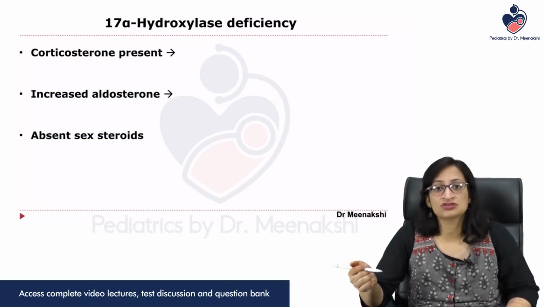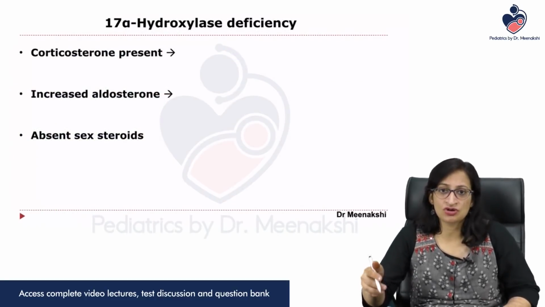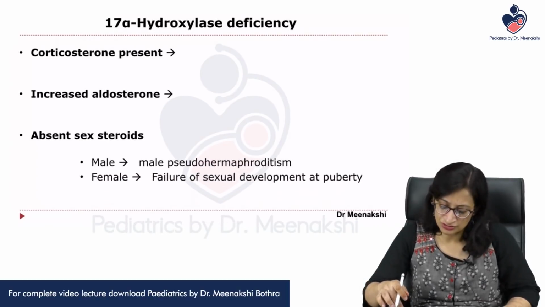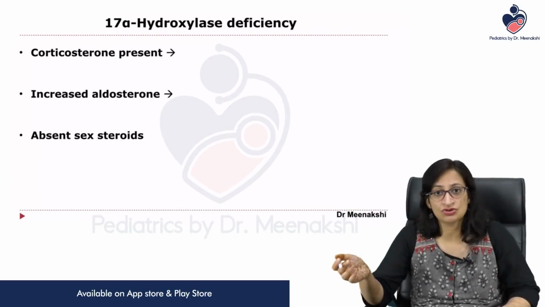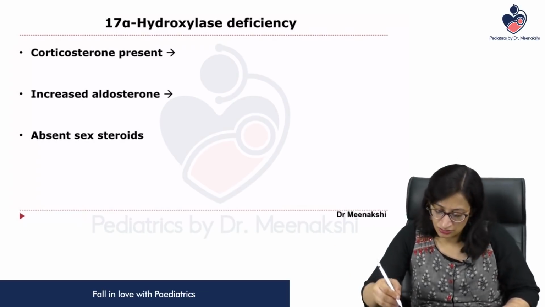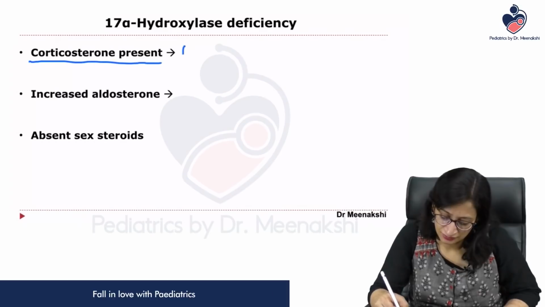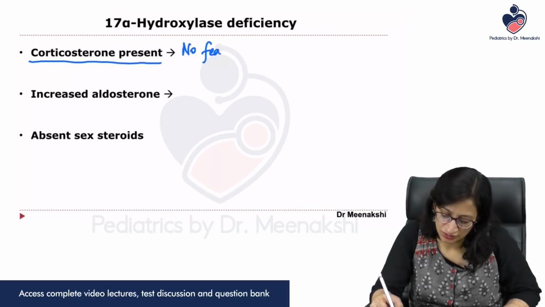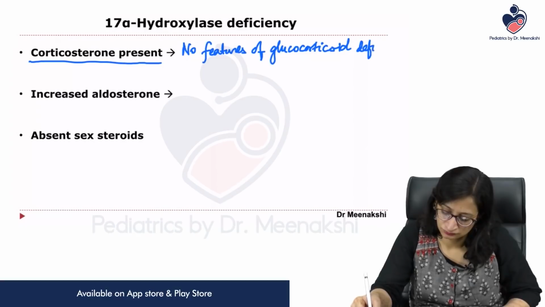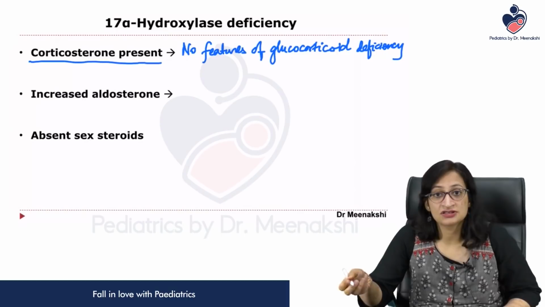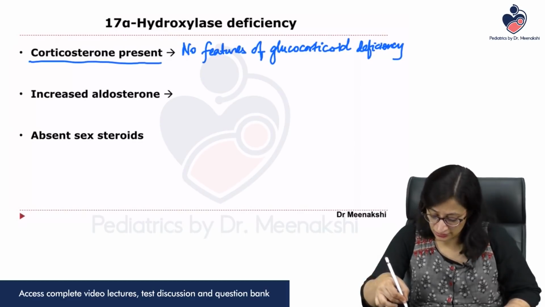So in 17-alpha hydroxylase deficiency, because corticosterone is present, there are no features of glucocorticoid deficiency. Increased aldosterone is there. So excess mineralocorticoids are there.